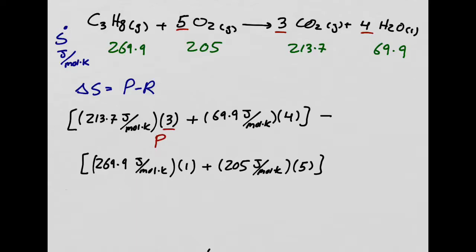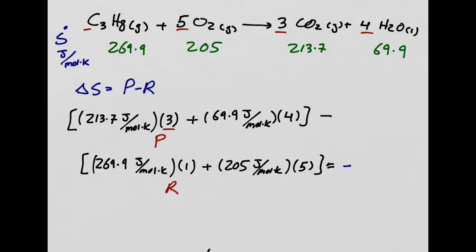So product minus reactant. Let me write it in red. Product minus reactant. Nothing you hadn't seen before. Make sure you put it in your calculator so you get the right number.